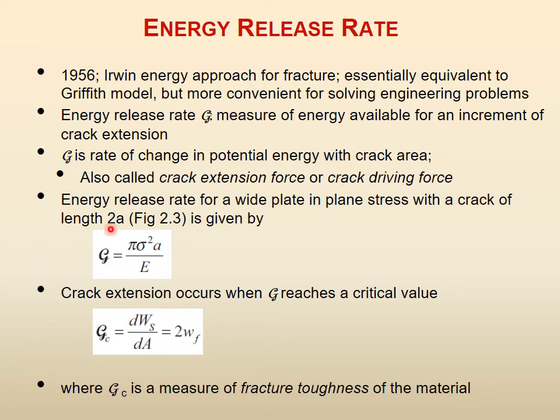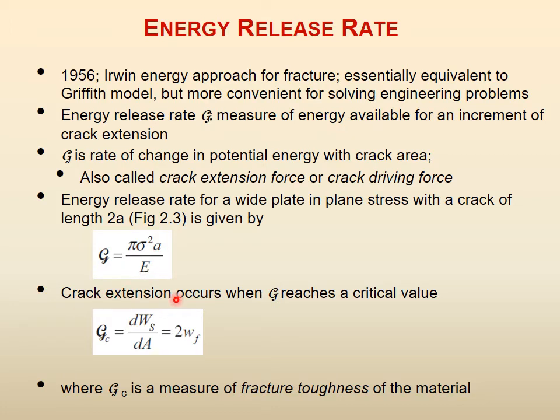And the crack is there of length 2A, we will see. So again, we are not showing you the derivation. The Irwin theory is there, it has been applied, the mechanics and the physics understood, the math has been done. We are directly giving you that the energy release rate is pi sigma squared A upon E. Sigma is the remote stress, A is the half crack size, E is the elastic modulus.